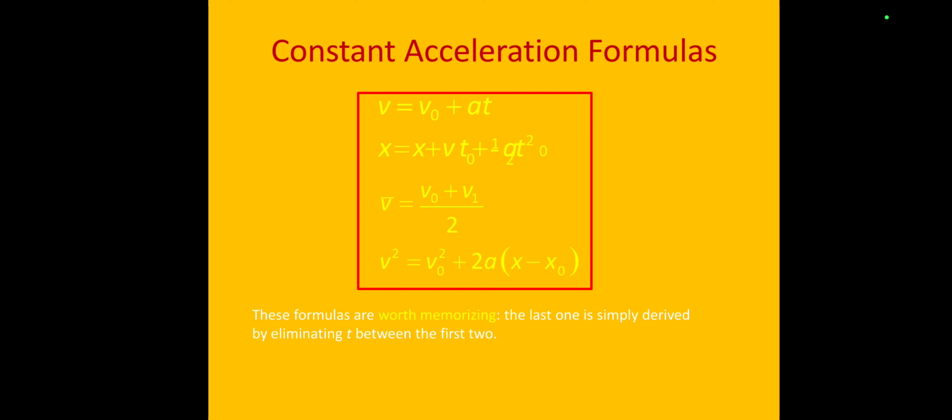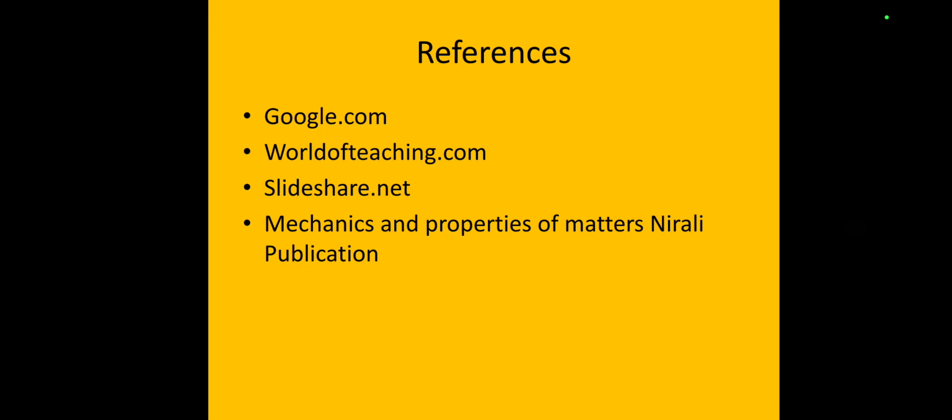If we remember these formulas, then it is easy to find the quantities that are not given. So these are the kinematical equations, which are mostly useful in our physics.